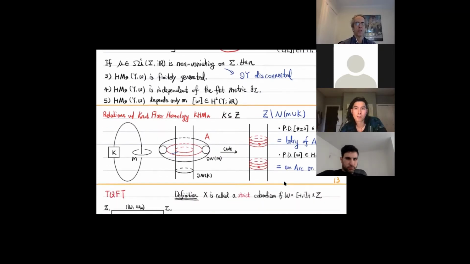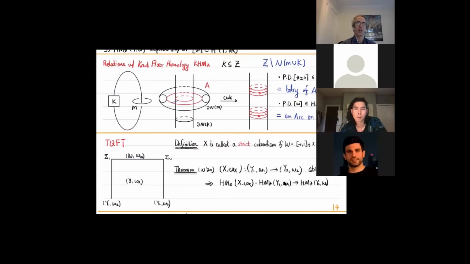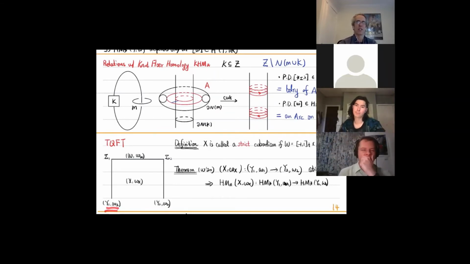The second thing I want to say is the TQFT structure, as I advertised earlier. In this picture, each 3-manifold Yi is a 3-manifold with boundary. So a cobordism is necessarily a 4-manifold with corners. And this horizontal manifold W is a cobordism from sigma 1 to sigma 2.